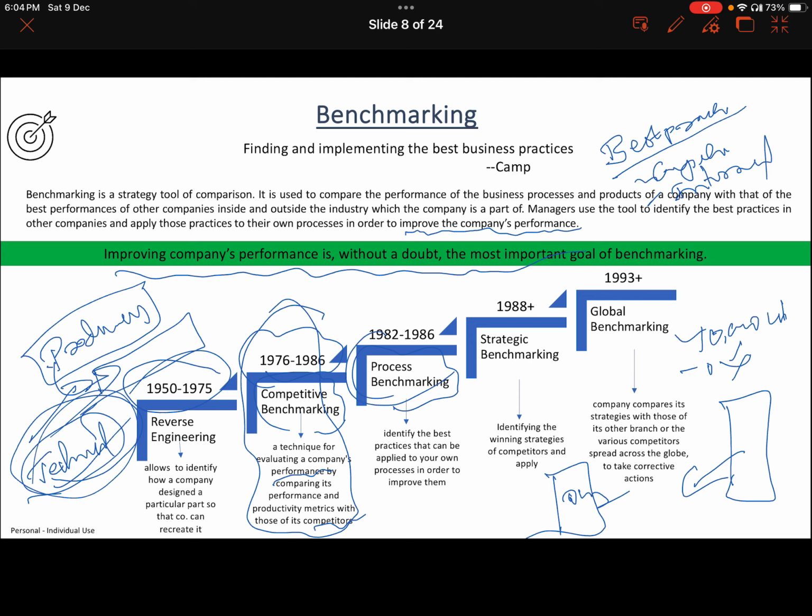Then comes strategic benchmarking. This is all about comparing the strategies of company A with company B and taking a decision.